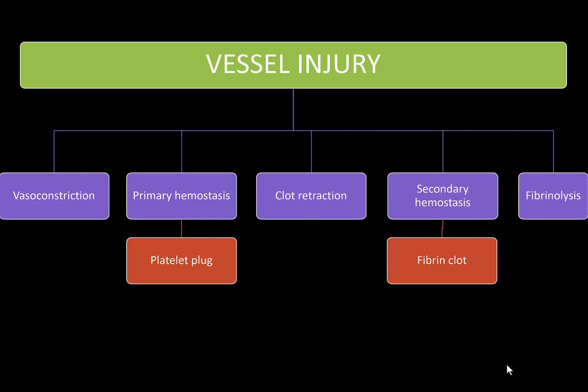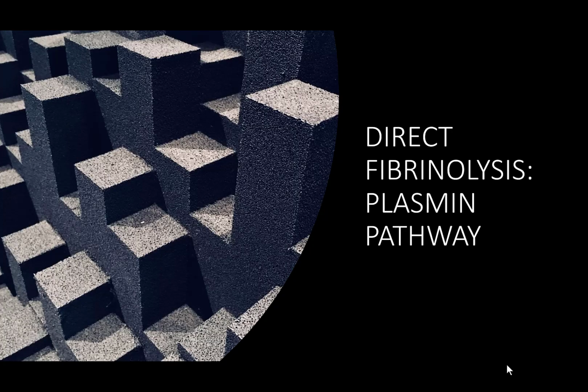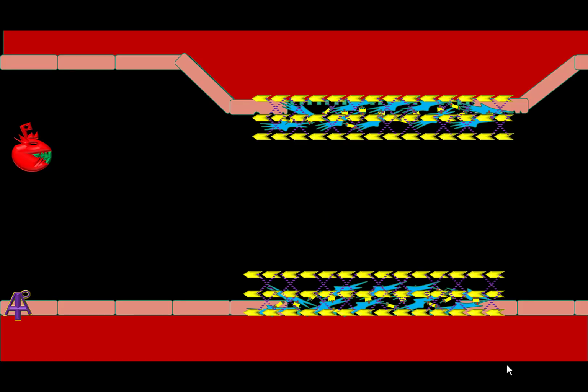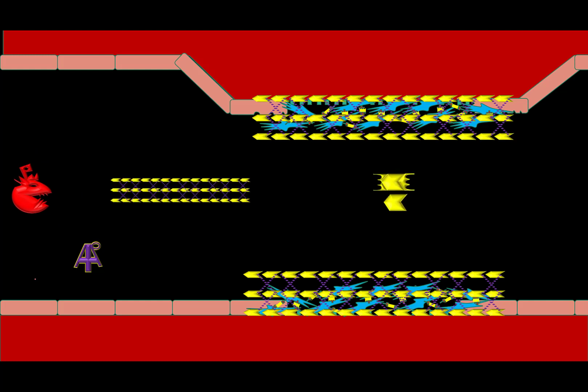This happens because of multiple mechanisms. The most important mechanism is direct fibrinolysis, the plasmin pathway. The endothelial cell will express tissue plasminogen activator, which converts plasminogen to plasmin. This plasmin will break the fibrin mesh as well as fibrinogen and fibrin.